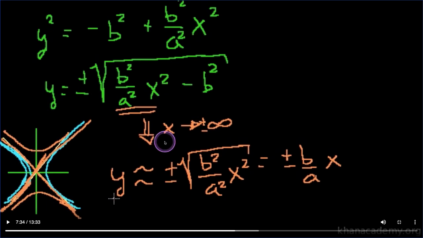What he did is input infinity, either positive or negative, for that x, and then the first term is b squared divided by a squared times x squared. Since this term can be very large, in the end, the minus b squared would be nothing. So what he did is just drop it. After dropping it, he can figure out the square root of this term. Then he gets positive or negative b divided by a times x.